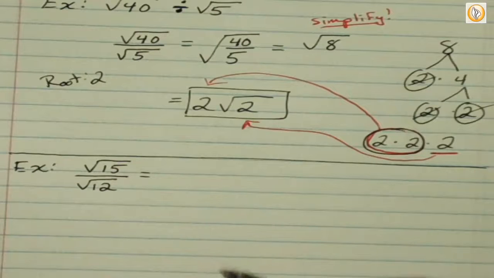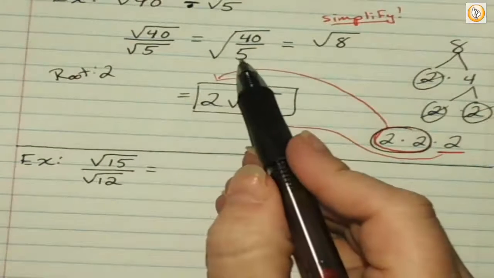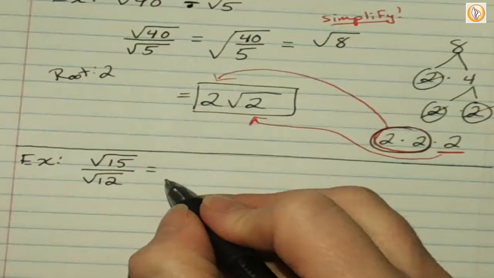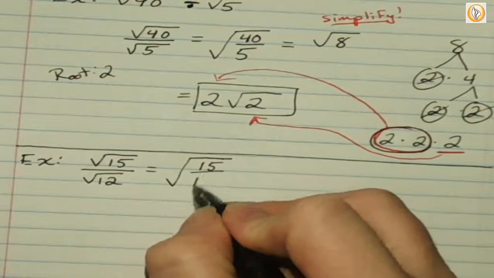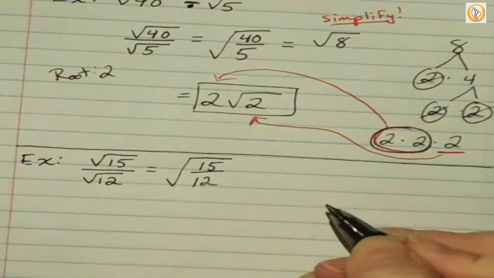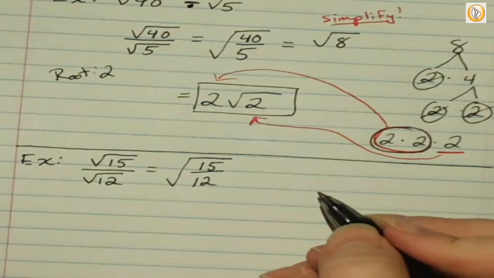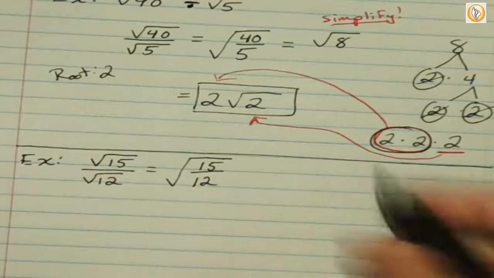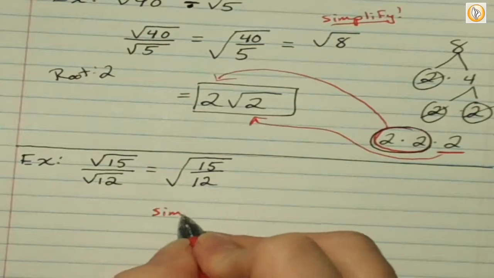No. So then what we do is just like we did up here. We can combine them into one fraction. Do you divide both of them by 3? Okay, so you're going to simplify the fraction.